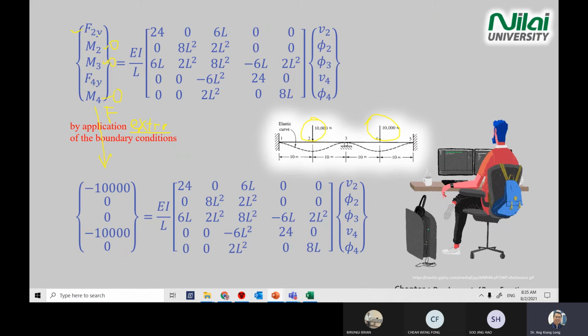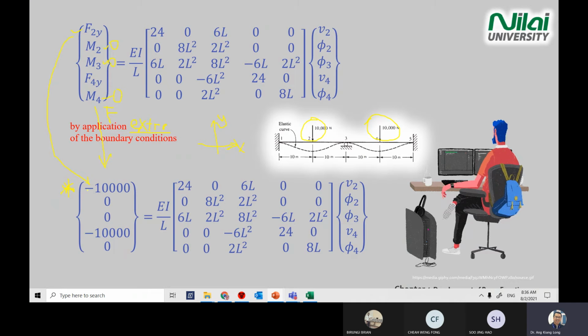So F2y, when you export them, remember the direction. This is also one of the areas where students make careless mistakes. If you look at the diagram, the force is going down, so it's negative, because our reference axes X and Y are going up, positive, but the force is going down.